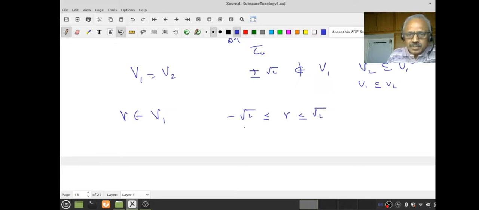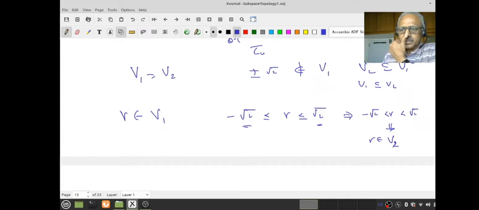Can r be plus or minus square root 2? It cannot happen, because r is rational. Therefore this implies minus root 2 is less than r, which is less than plus root 2. But then this implies r is in V2. Therefore I have shown V1 is contained in V2. Therefore V1 equals V2.